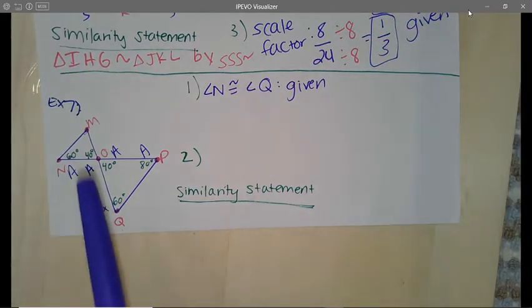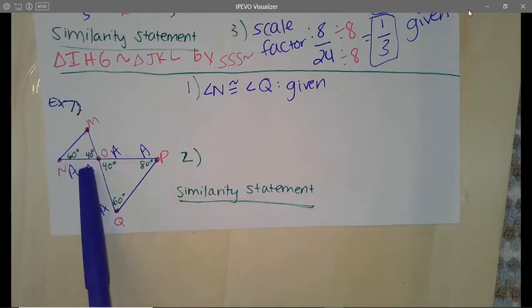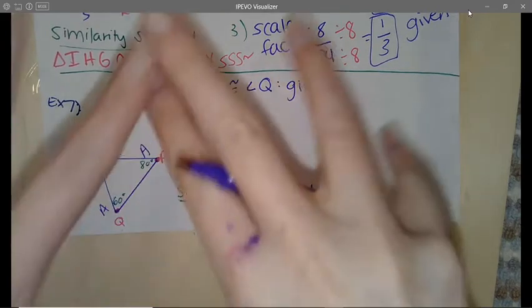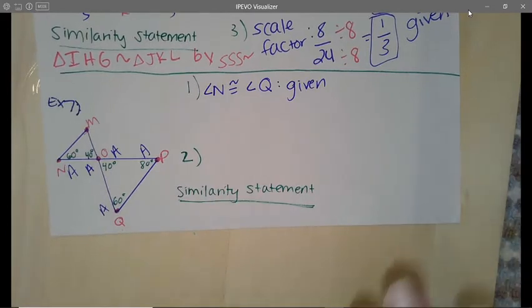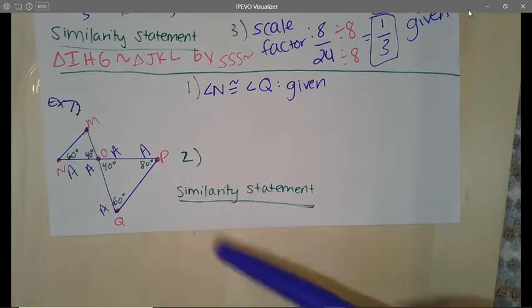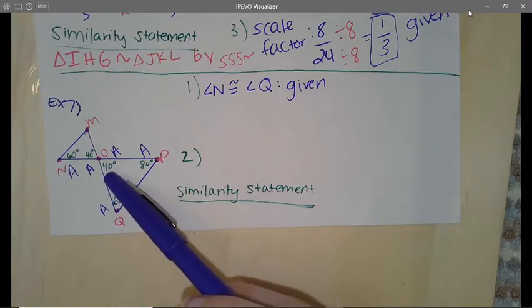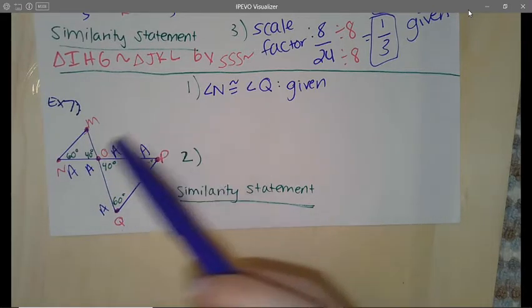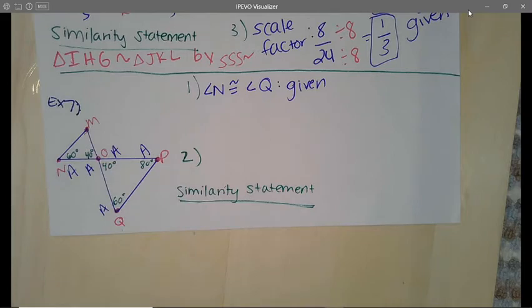All right, the next angle I'm given in this example is 40 degrees. So angle MON is 40 degrees. Do you guys spot any other angles that are also 40 degrees in my picture? Exactly, you guys. This one is also 40 degrees, angle QOP. So I also know those 2 are congruent because they were also given to me in my picture.